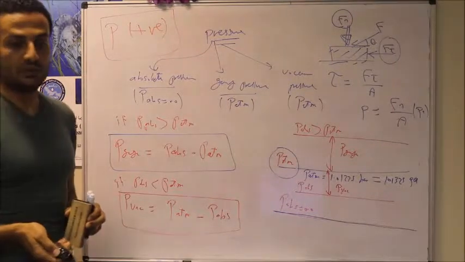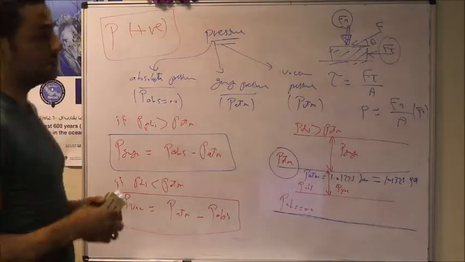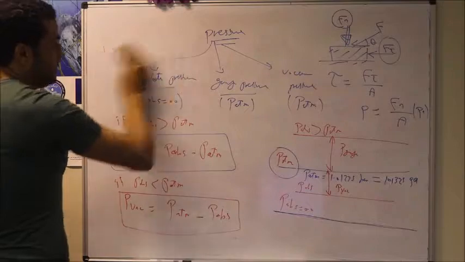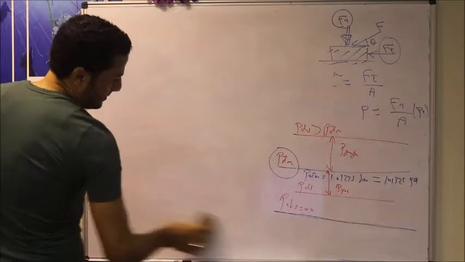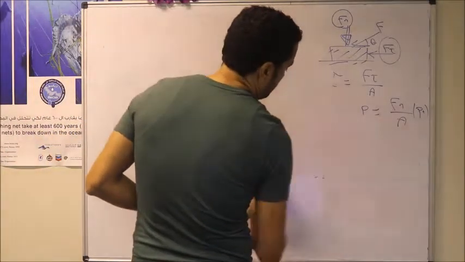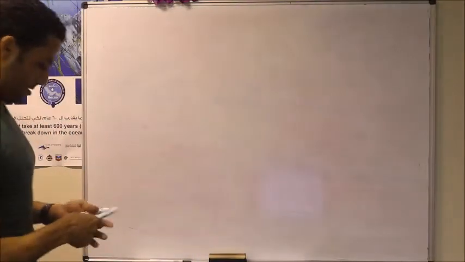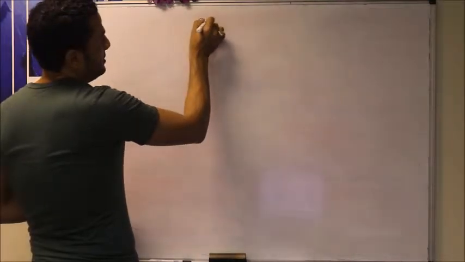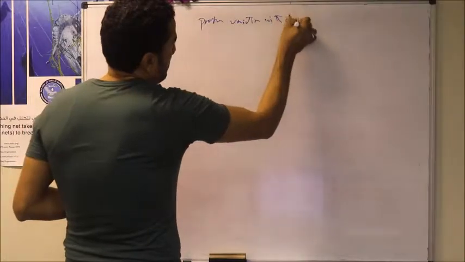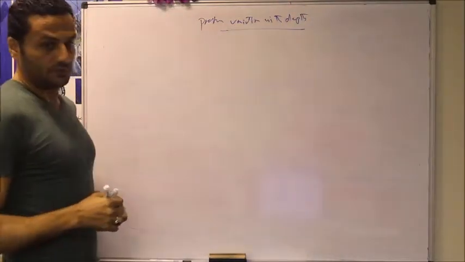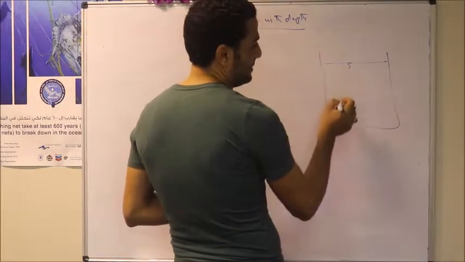Let's move to another topic in slide number 30 and see the pressure variation in static fluids, the pressure variation with depth in static fluids. Let's assume we have a fluid, maybe water or something, inside a tank.